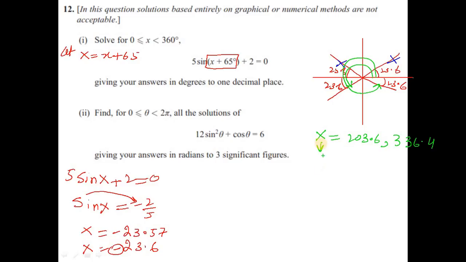So small x should be 203.6 minus 65, which gives 138.6, and 336.4 minus 65 will give you 271.4. These are the two solutions for your first equation.